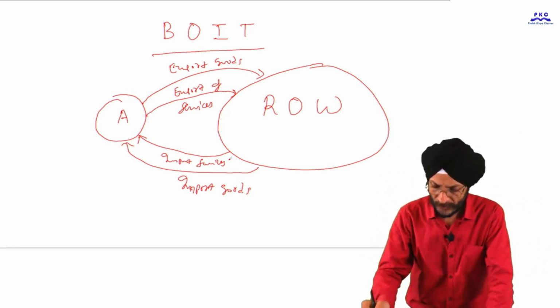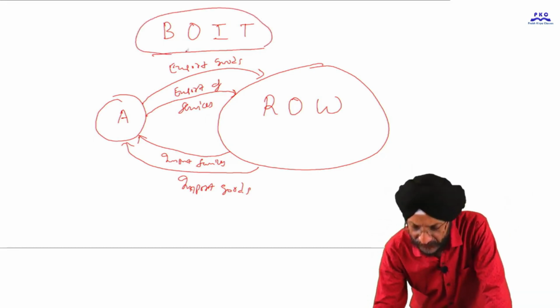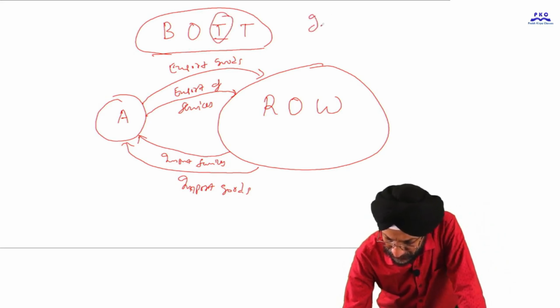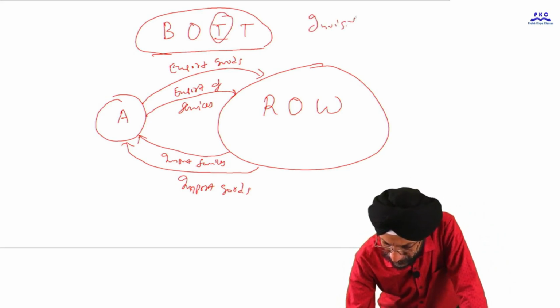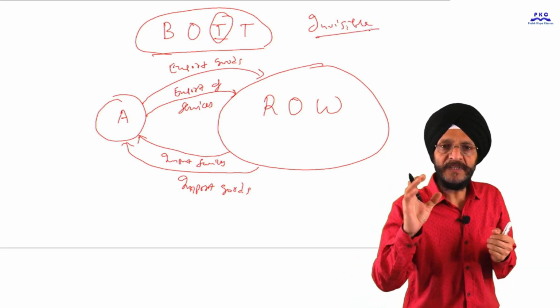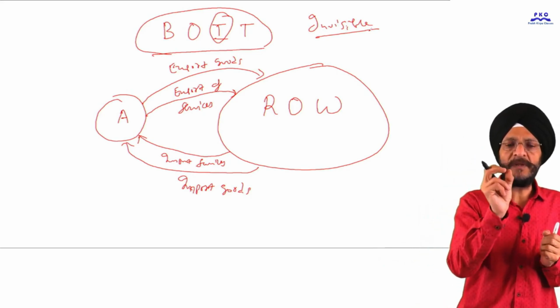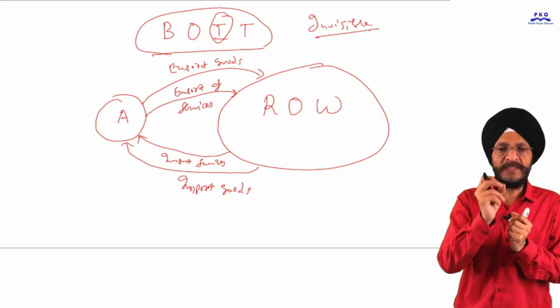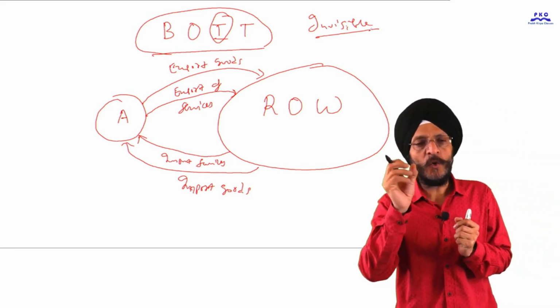When we are to talk about balance of invisible trade, what is the meaning of I? I means invisible. Invisible trade means trade which cannot be seen. Invisible items means those items which cannot be seen, touched or measured.